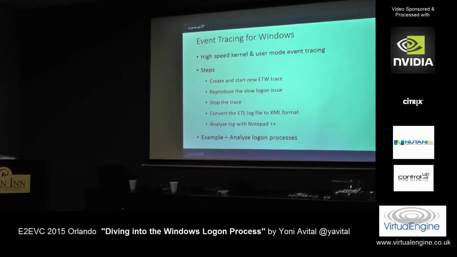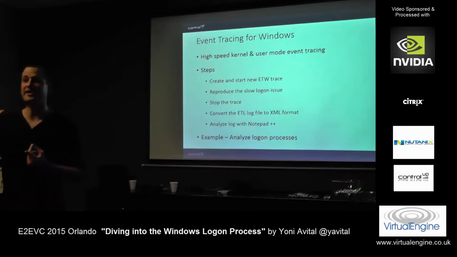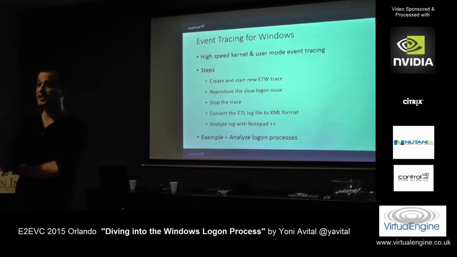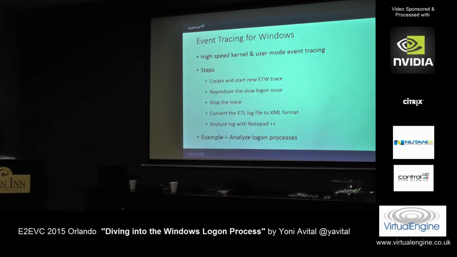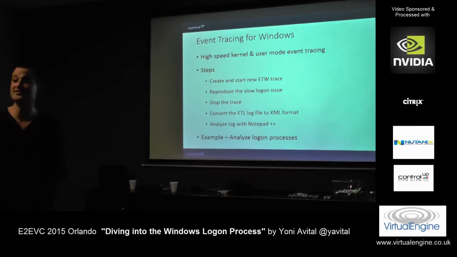For example, there is no easy way from the event log containing the process start and termination events to figure out the session ID or which user is running that process. It's all cryptic there, and the session ID is not exposed, so there are disadvantages to figuring out process start and end events from the event log. ETW gives you much better data, and I'll show it to you in a second.